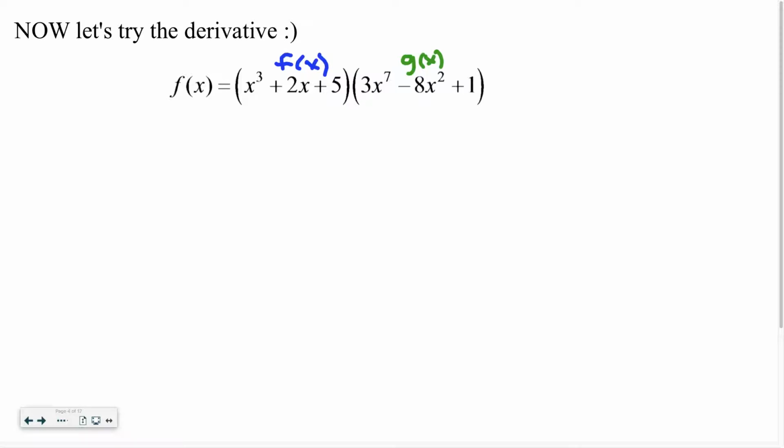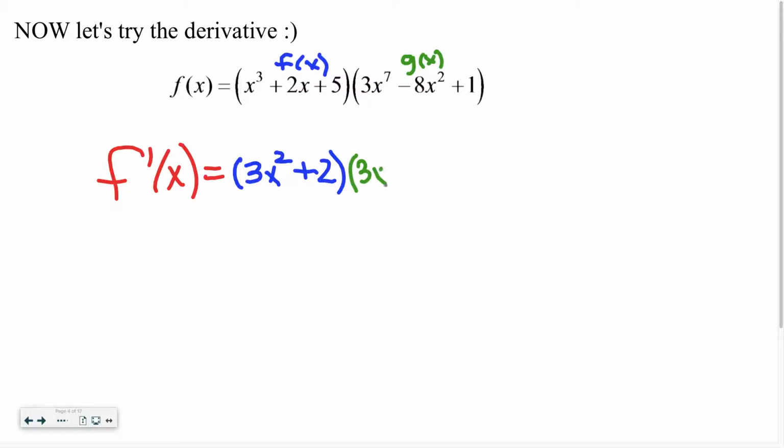Okay, so our product rule, when we go to find our derivative, we are going to take the derivative of the first function. So the derivative of that first function is 3x squared plus 2. And we multiply it by g, so we keep g the same.